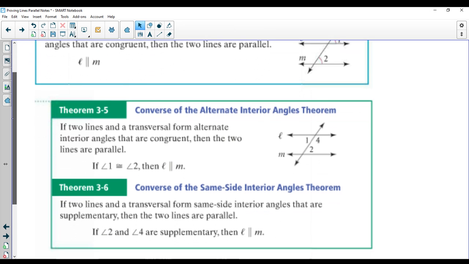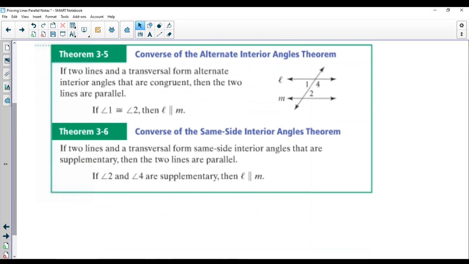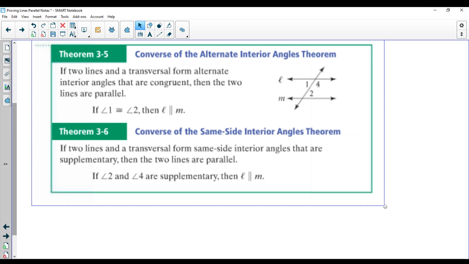All right? With alternate interior angles, the converse says if two lines and a transversal form alternate interior angles that are congruent, then the two lines are parallel. So in this diagram, if angle 1 and angle 2 are congruent, then the lines L and M have to be parallel.